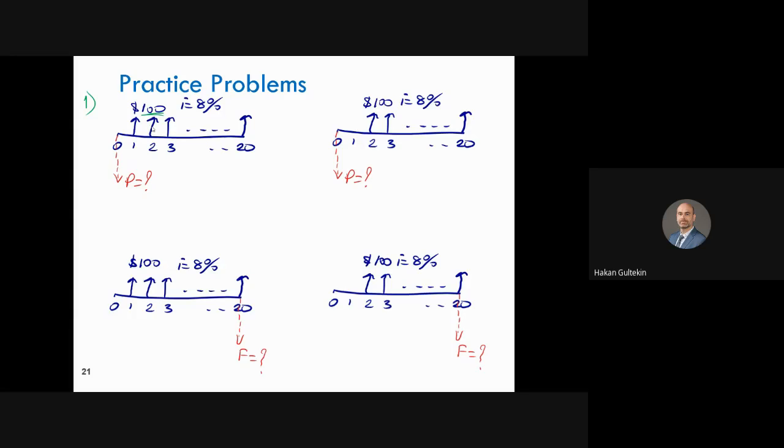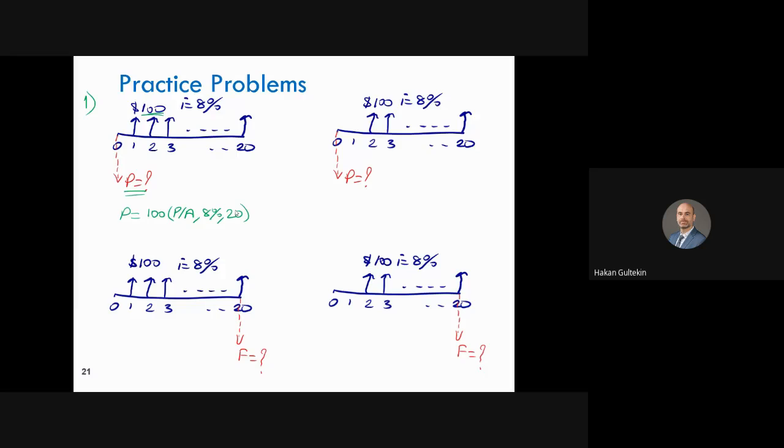As I stated several times, if there is a cash inflow, the arrow must be upward. If it's a cash outflow, the arrow must be downward. It is how we use it. This is the factor formula that we need to use. I assume that when you write this, it's over.